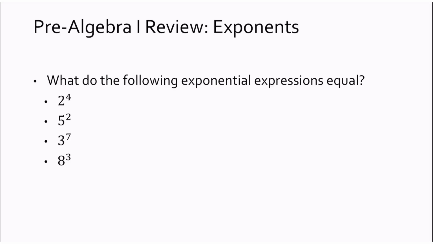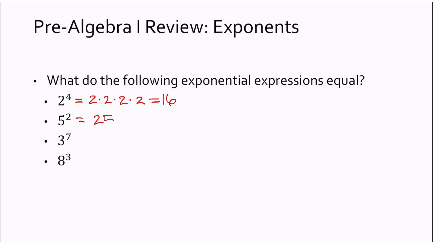Take a second and try and figure out what these exponential expressions equal. And you can use a calculator if you need to. All right, so 2 to the fourth power is 2 times 2 times 2 times 2. So we have 2 times 2 is 4, times 2 is 8, times 2 is 16.